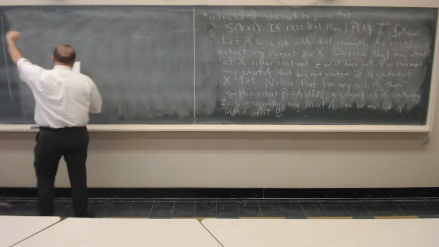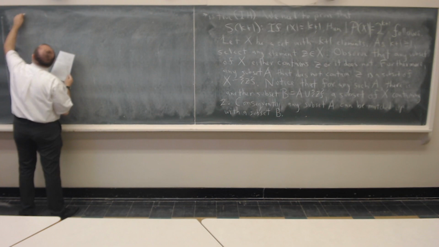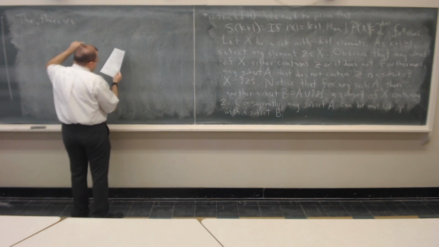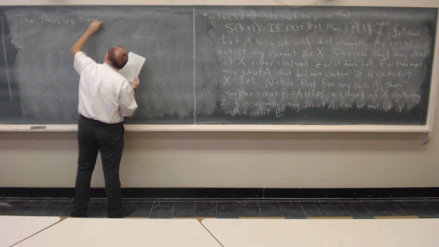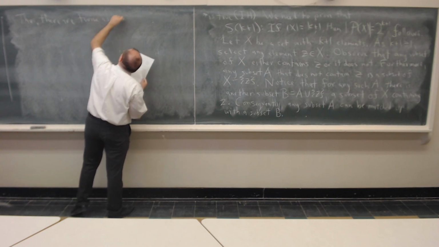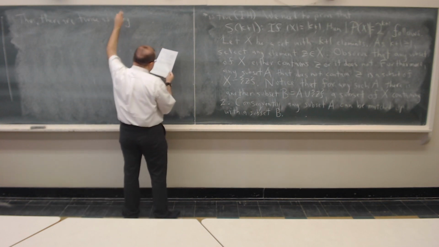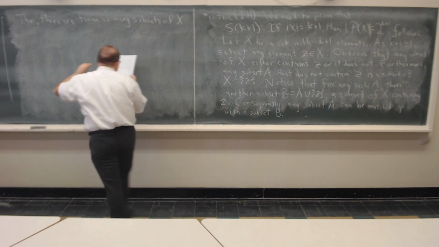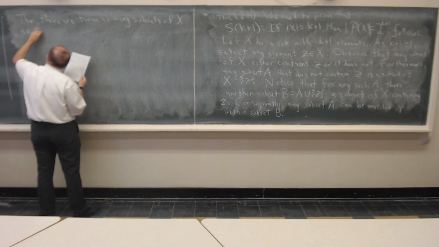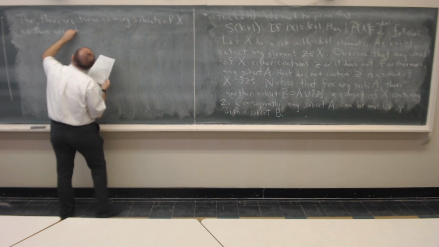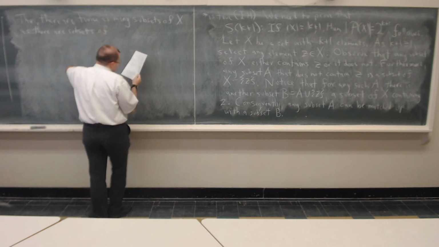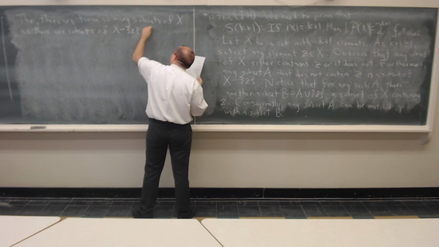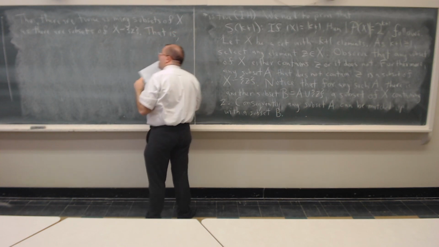Let's take a look. Thus, there are twice as many subsets of X as there are subsets of X set minus Z. So I've just given you the entire relationship for the left-hand side.